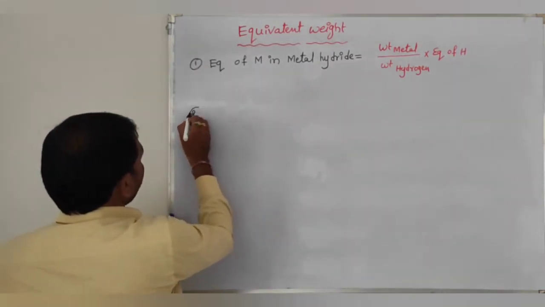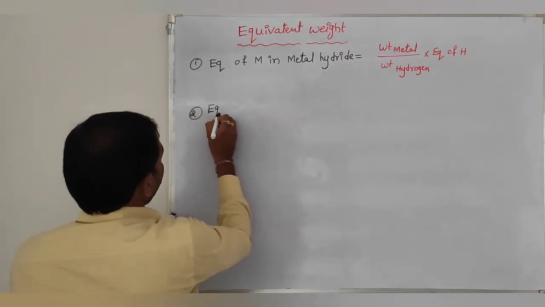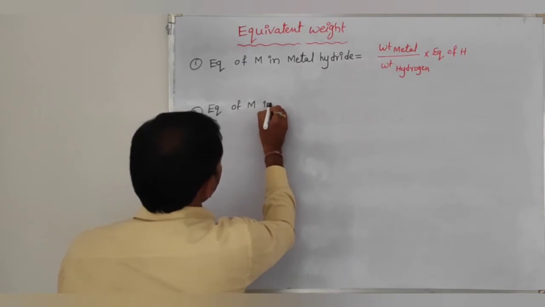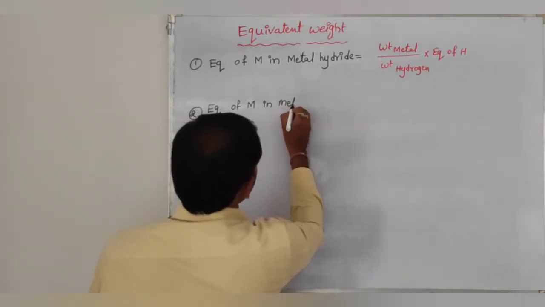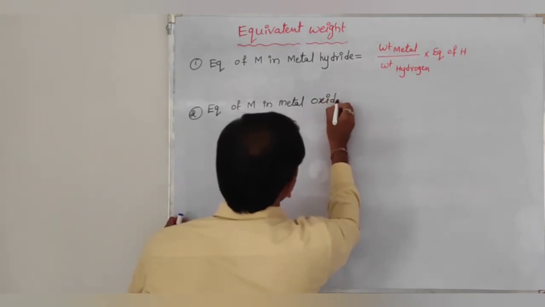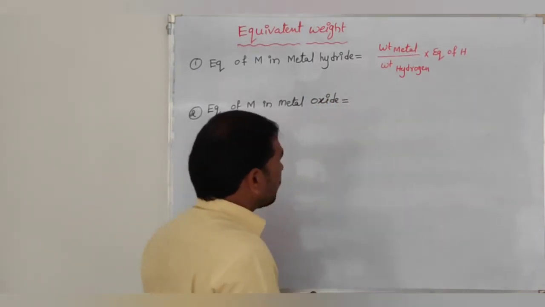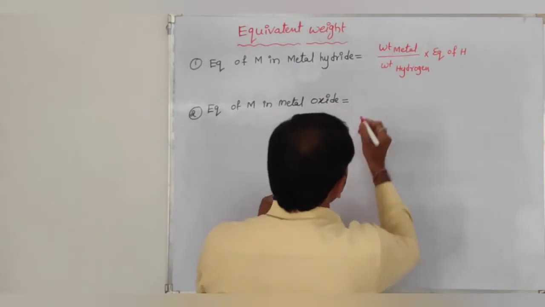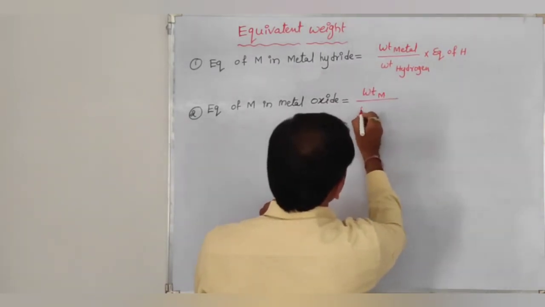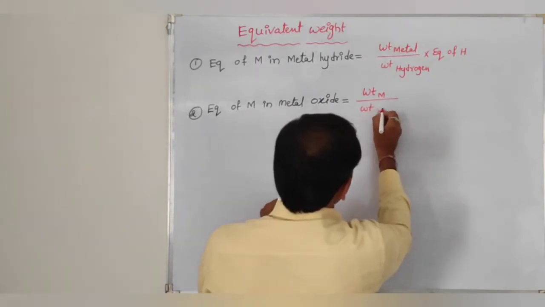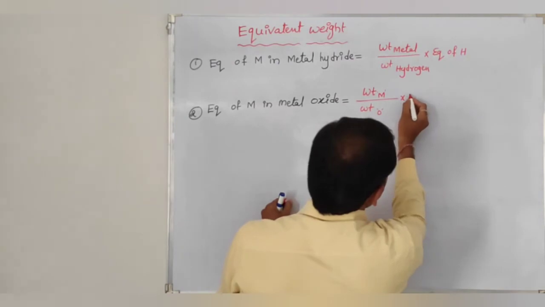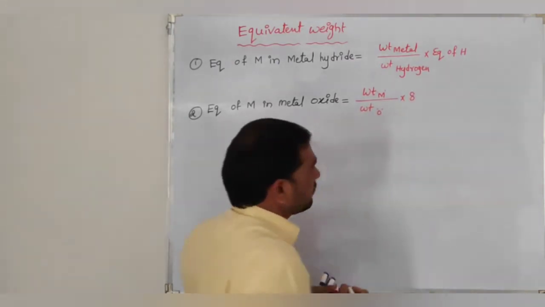Next, equivalent weight of metal in metal oxides, metal oxide, that is equal to weight of metal divided by weight of oxygen into equivalent weight of oxygen, that is 8.